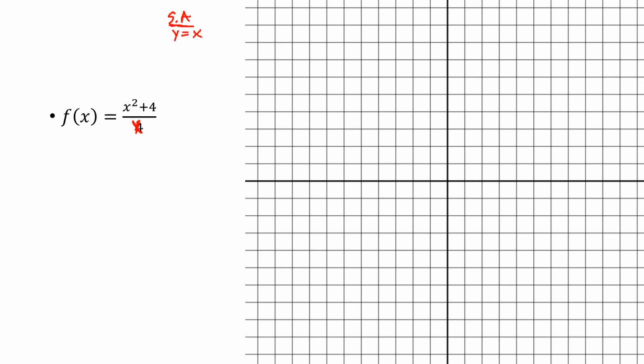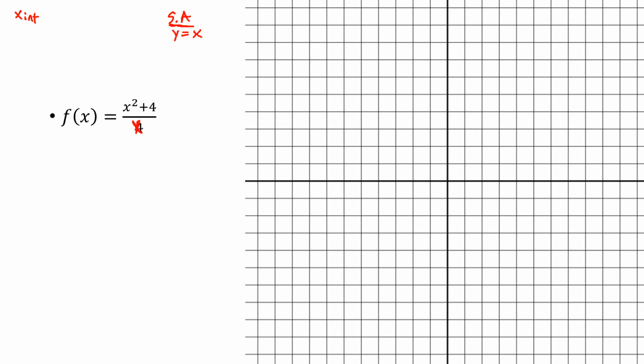And by the way, we cannot factor x squared plus 4. We could factor x squared minus 4, but as it stands, this is not factorable. So let's go ahead and find our attributes. For the x-intercept, we would ask what would make the numerator 0? Notice that we're squaring, and anytime you square a number, it will be positive.